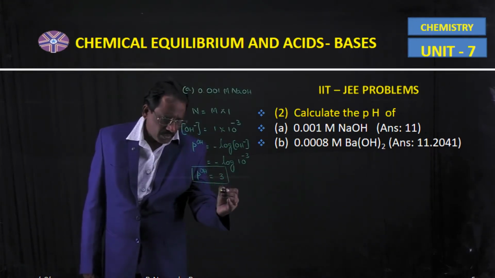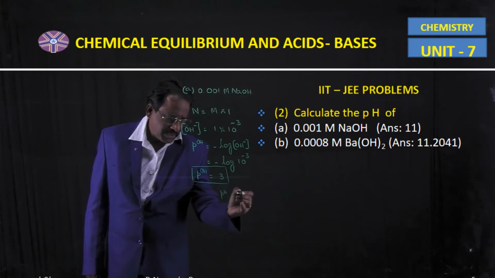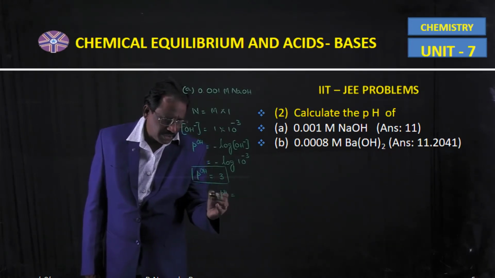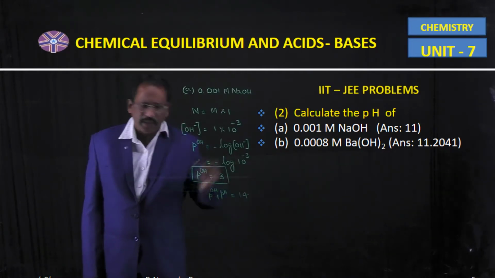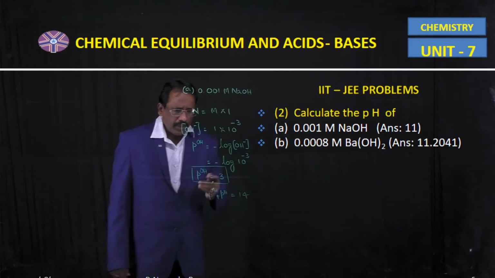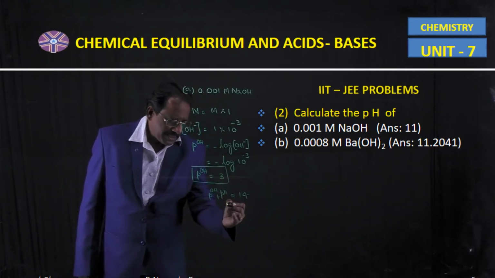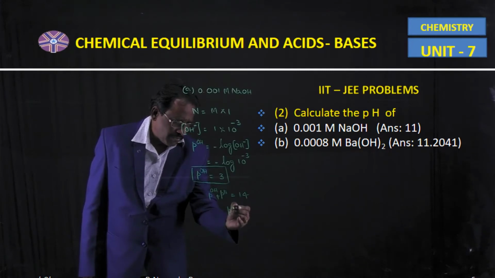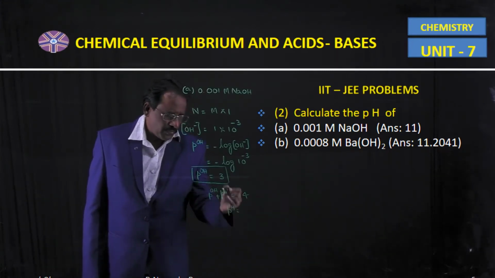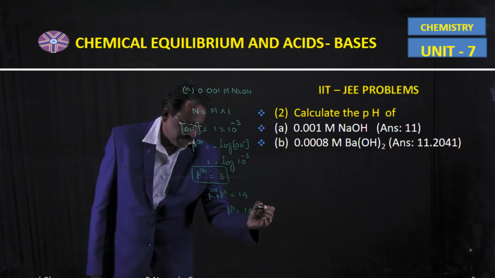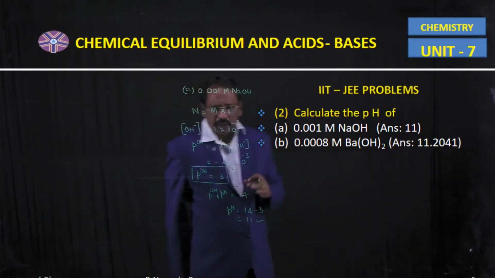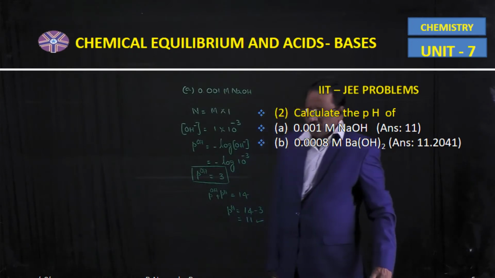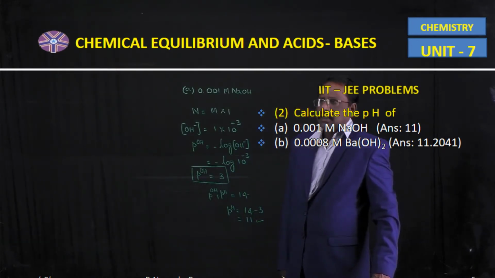Now pH plus pOH is equal to 14. Therefore for this basic solution pH value is 14 minus 3, that is equal to 11. So pOH of this solution is 3 and pH of the solution is 11.